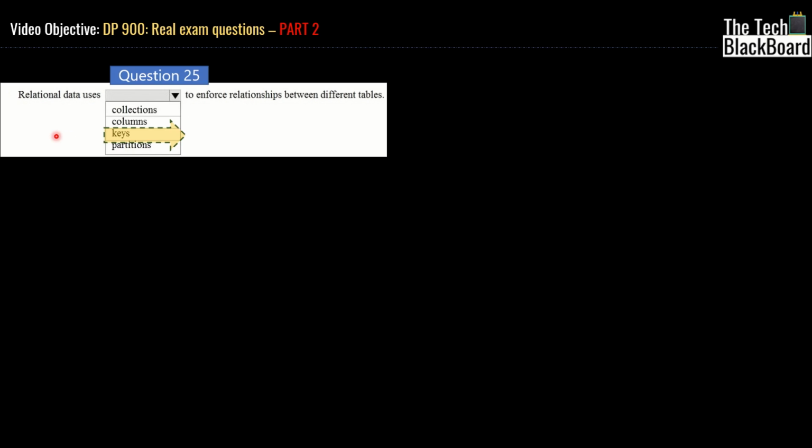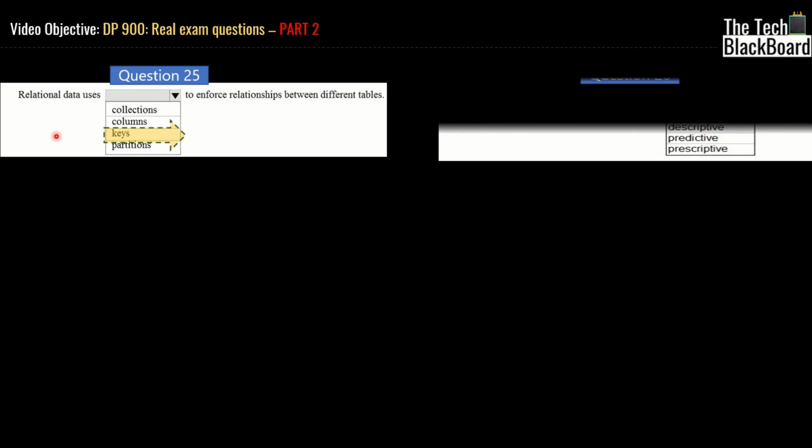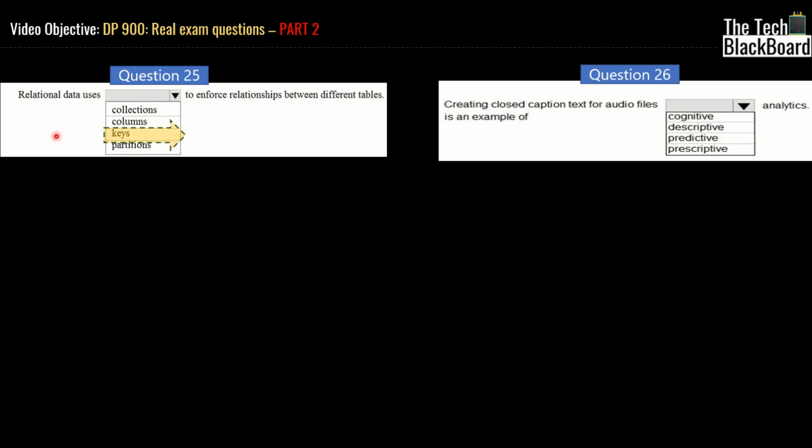Jumping quickly to question number 26: creating closed caption for audio files is an example of dash analytics. So you have to tell what sort of analytics is creating closed caption text for audio files. We have already seen in our previous slides that there can be a few variations of this question in the exam.